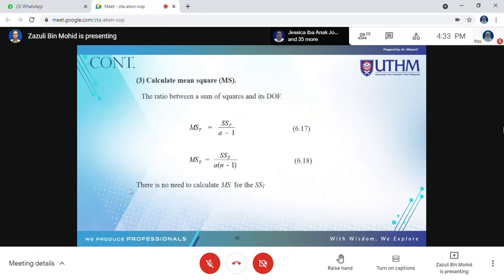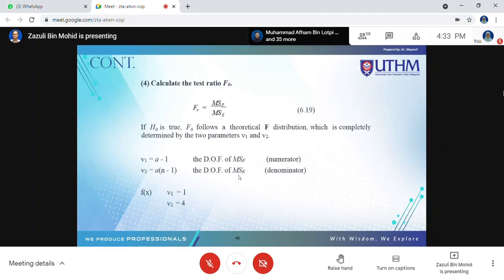To calculate the mean square, the mean square is the ratio between a sum of squares and its DOF. MSF is SSF divided by a minus 1, MSE is SSE divided by a times n minus 1. We also have to calculate the MS for the SST.